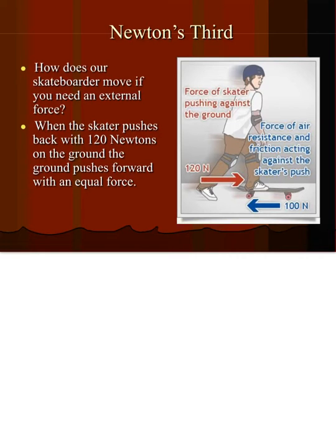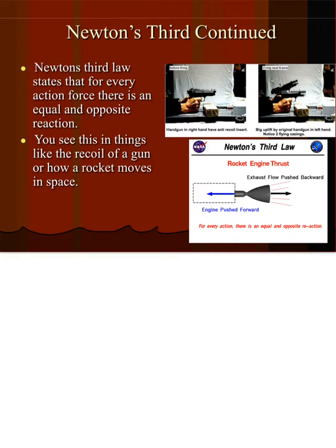Your skateboarder will accelerate forward. So, Newton's third basically says, for every action there's an equal and opposite reaction. You need to add the word force to that. So if I push on you, you push back on me with exactly the same force, and that's the force that makes me move.